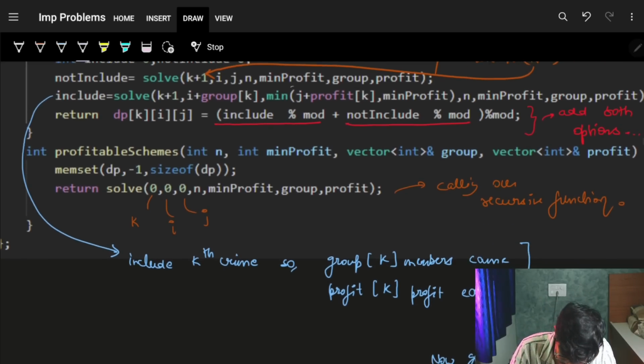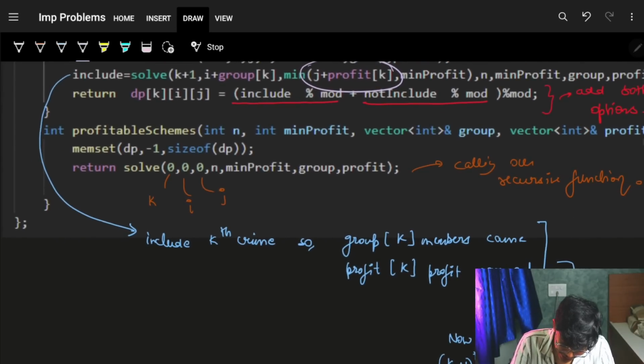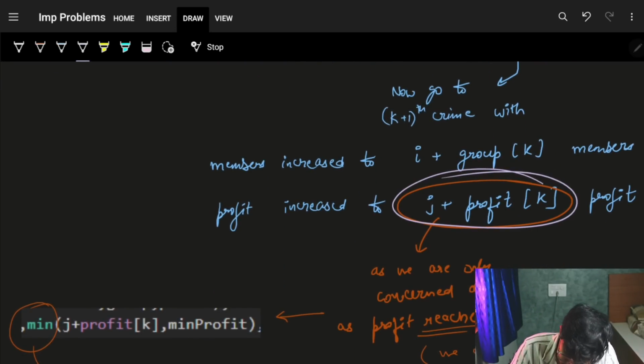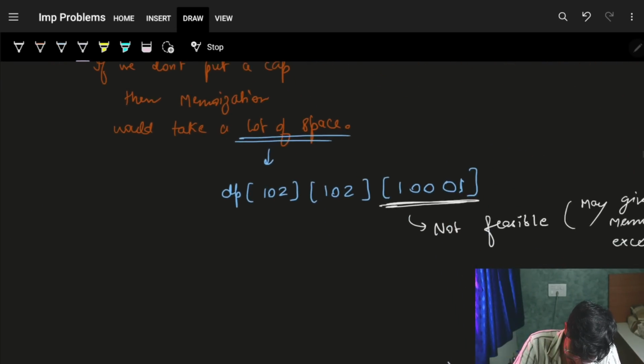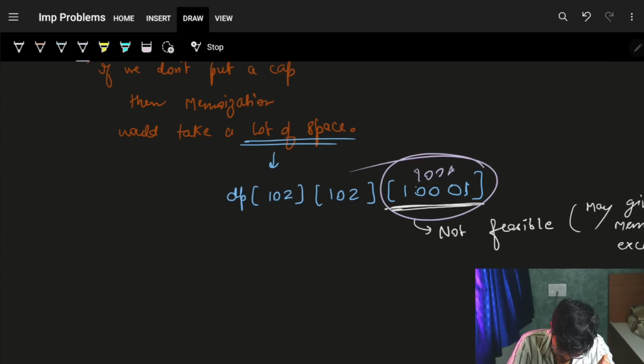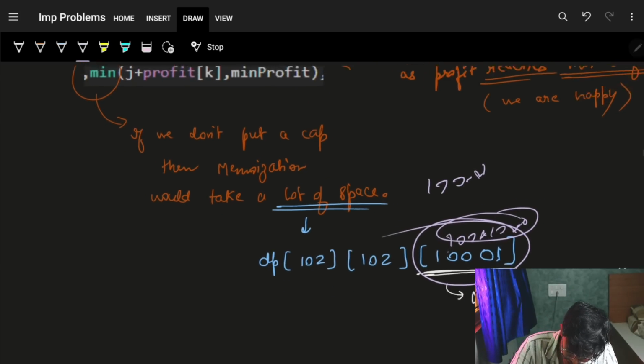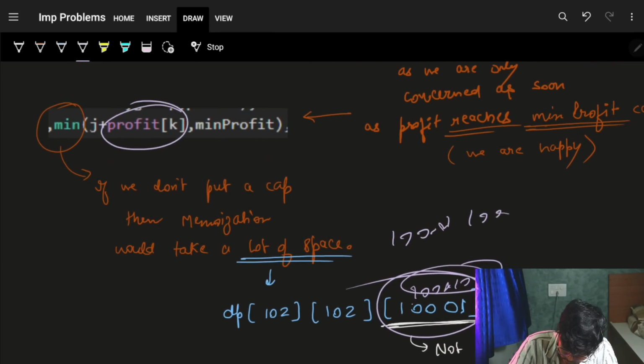I'll say it is because if it is j plus profit of k, then this j plus profit of k can go up to 100 into 100, because j can go up to 100 and profit of k can also go up to 100.